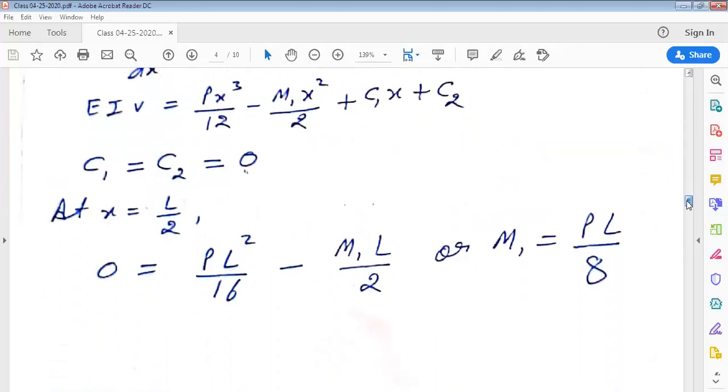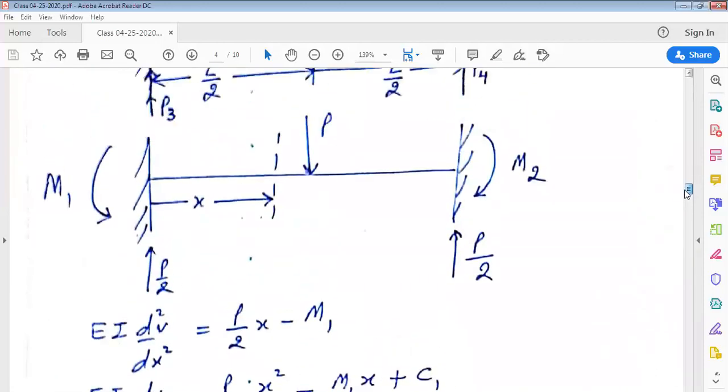So 0 equal to PL square by 16 minus M1 L by 2, and this gives us capital M1 equal to PL by 8. So we have solved this particular beam, and here in this case capital M1 would be equal to PL by 8, and due to symmetry M1 would be equal to M2, and M2 would also be equal to capital PL by 8.